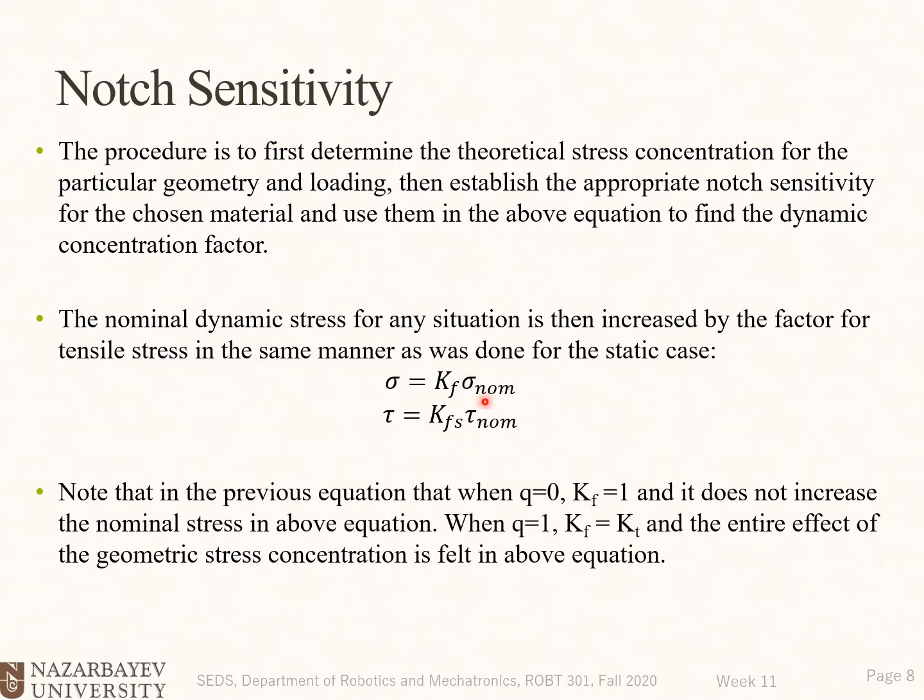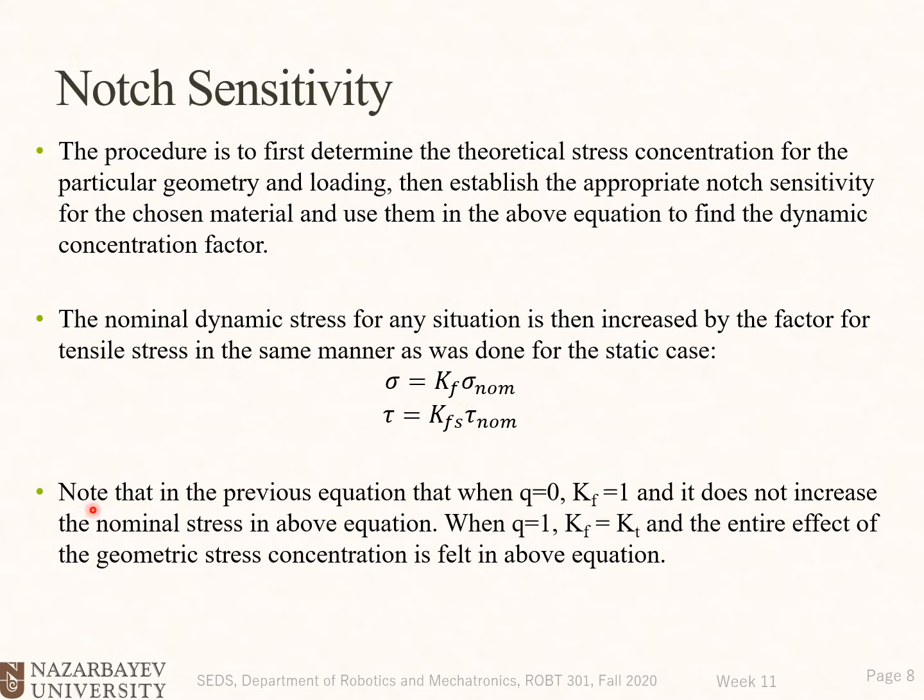Okay, so this nominal stress could be even for the mean value, or it could be for the alternating value of stress. Same for shear stress. We have KFS, which is the shear fatigue stress concentration factor, multiplied by the nominal shear stress. This shear stress could be either the mean value of the shear stress, or the alternating value of that shear stress.